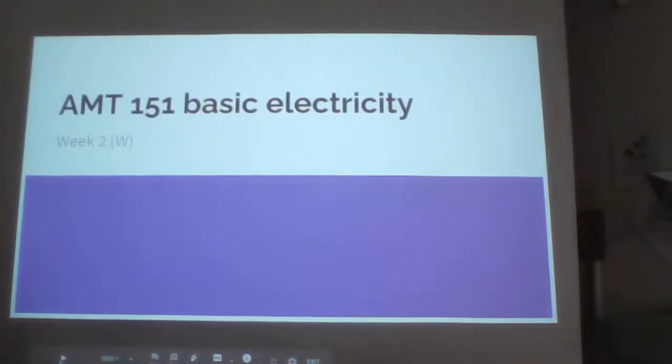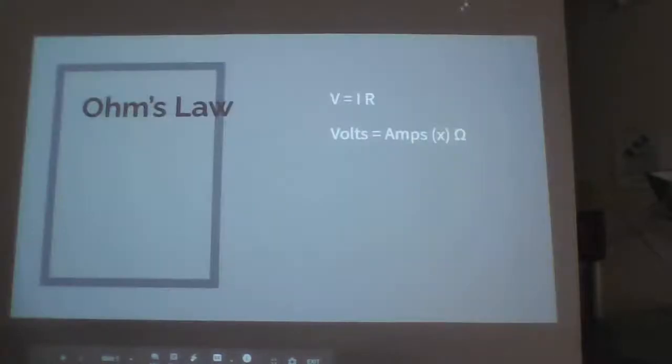Here we are again, 151 basic electricity, week 2, Wednesday. And we are going to be talking about Ohm's law. I'm going to start with Ohm's law. Ohm's law is volts equals current times resistance.